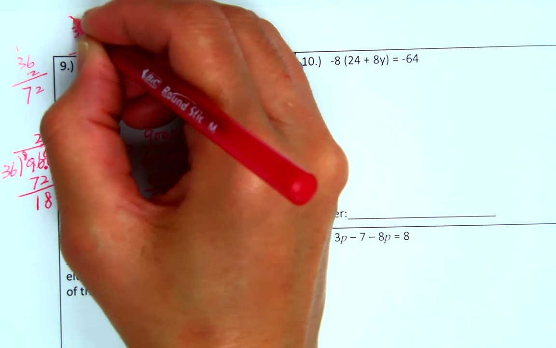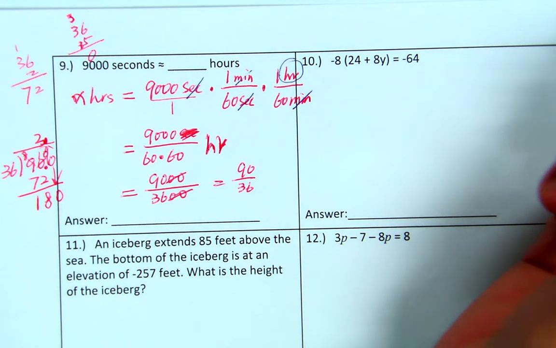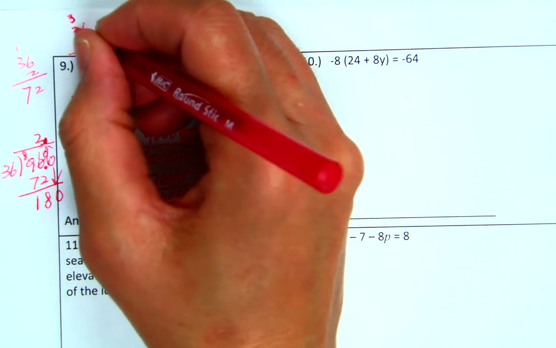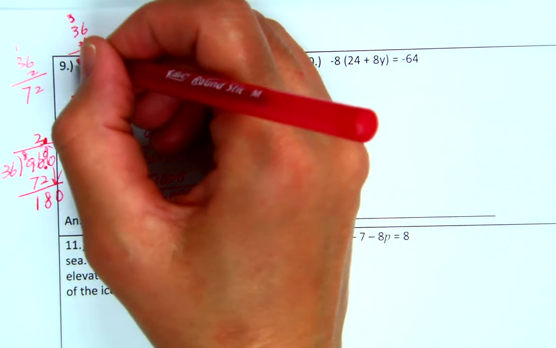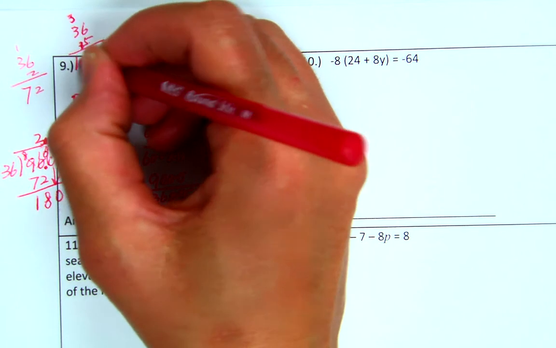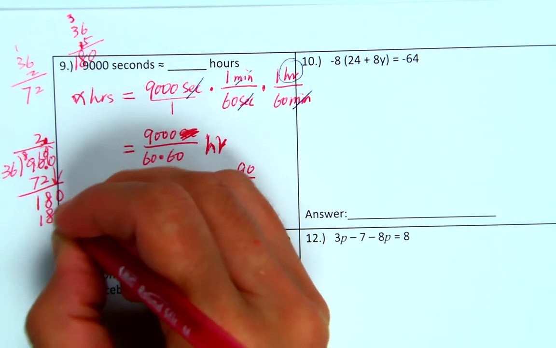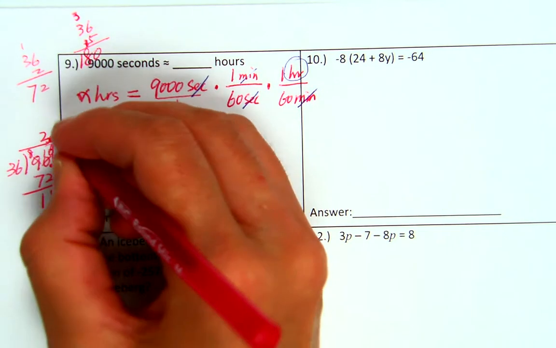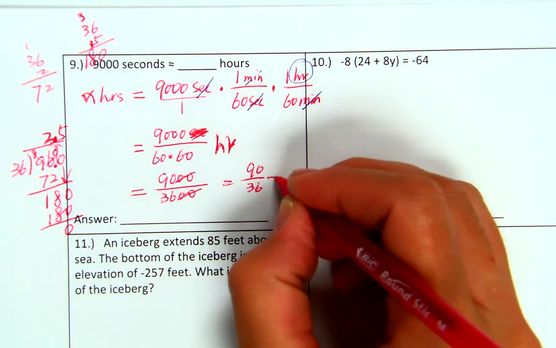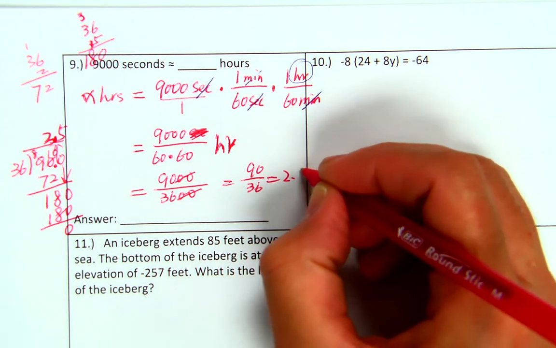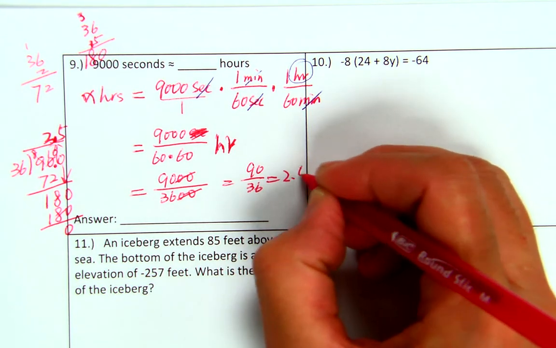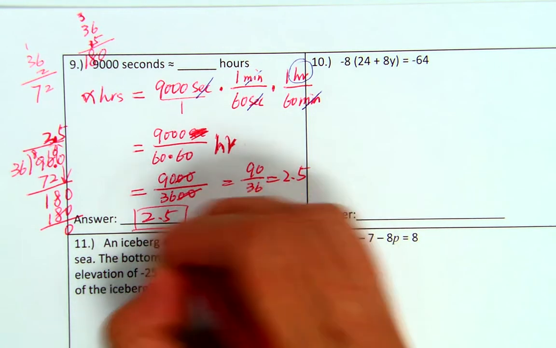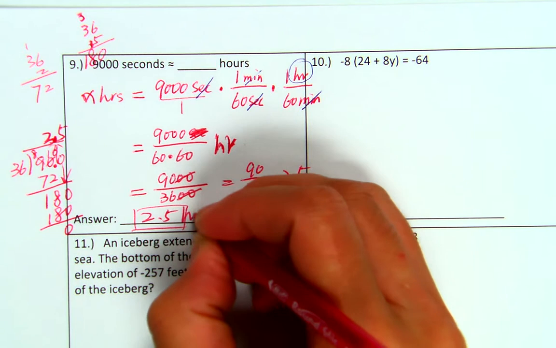I like to put that 3 up on top. 3 times 5 is 15, plus that 3 is 18, so exactly 180, and there's nothing remaining. So that will be 5 here. So 2.5 is the answer. Some people put 2.5 hours, that will be perfectly fine. So the answer is 2.5 hours.